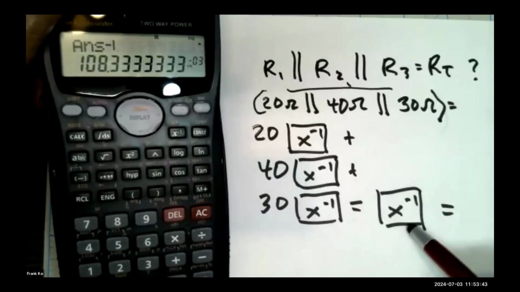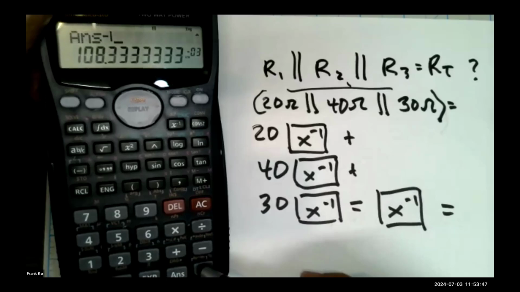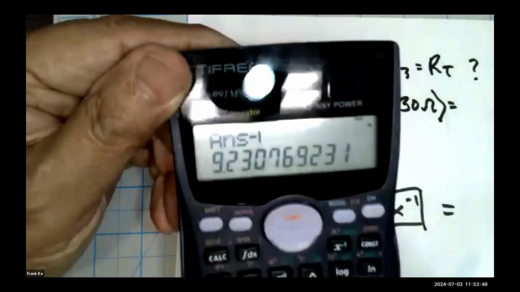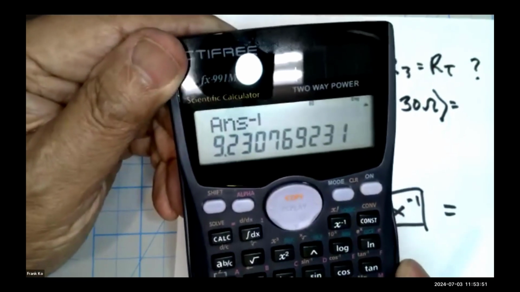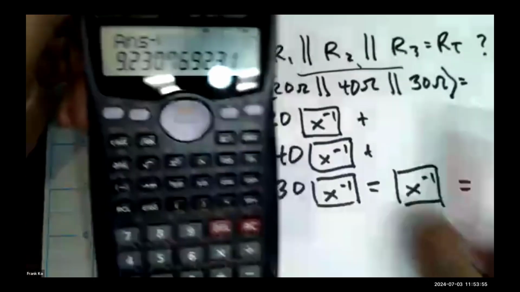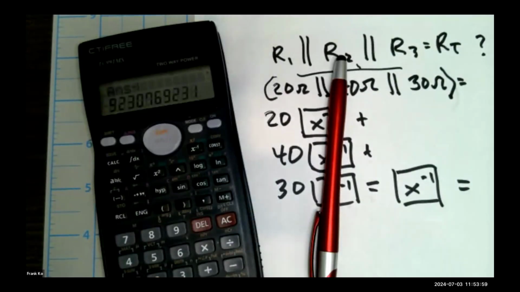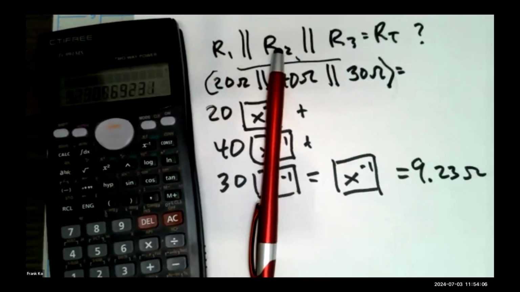Boom. And then what do I have to hit last? Is my equal function. Boom. And guess what? I end up with my 9.23 ohms, which is what we had calculated earlier. So let me write this out. This is equal to 9.23 ohms. Right there.